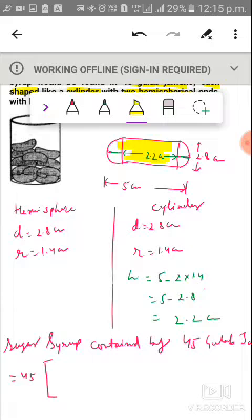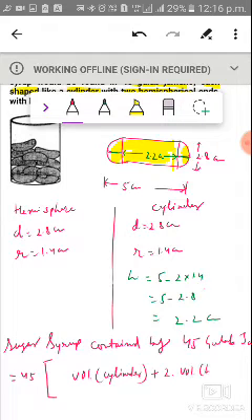That is the volume of the cylinder plus the volume of 2 hemispheres, right? So we'll write the volume of the cylinder plus twice the volume of the hemisphere.